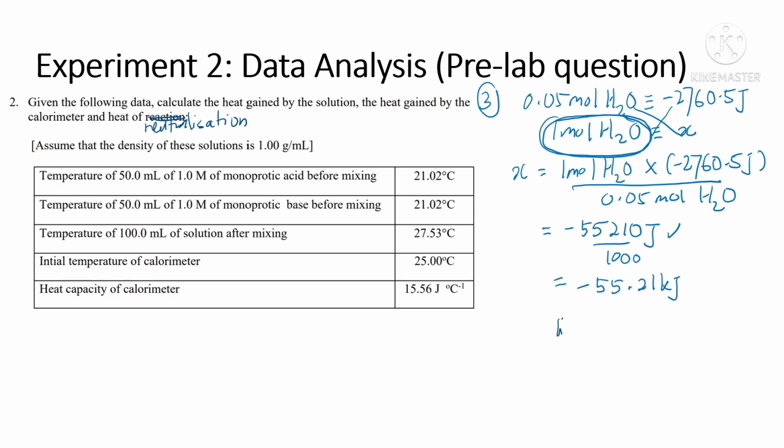To write the answer, we can write: therefore, heat of neutralization is equal to negative 55.21 kilojoule per mole. And this per mole here is referring to 1 mole of water being formed in the neutralization reaction.